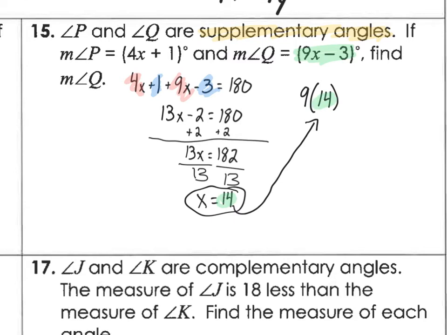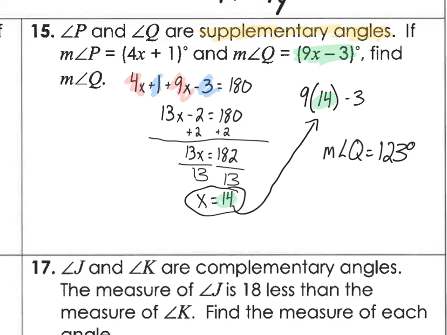All right. So the measure of angle Q equals, what'd you say? 123 degrees. All right. Okay.